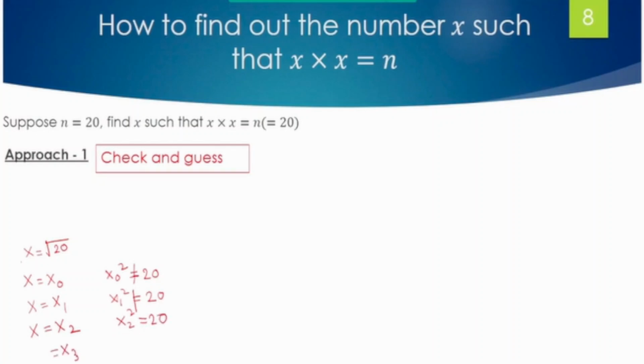So the process is: guess a value of x, then check whether your guess is correct or not. Therefore the method is called check and guess. Now if your guess is correct, you stop, otherwise you update your guess with a new value and then again check. So these are the things we will keep on doing continuously unless we receive our final answer.